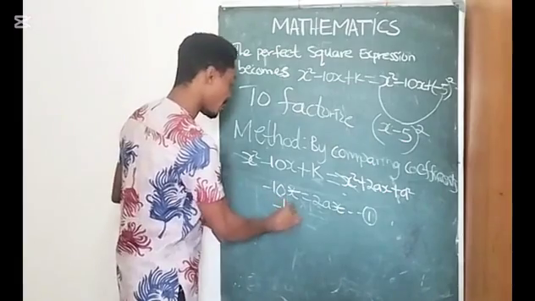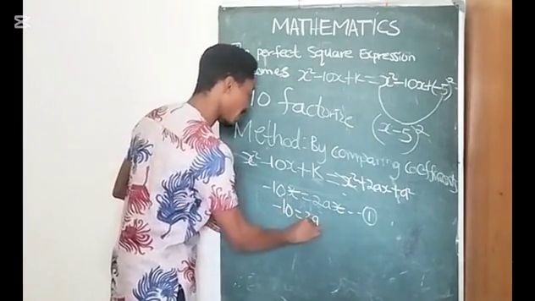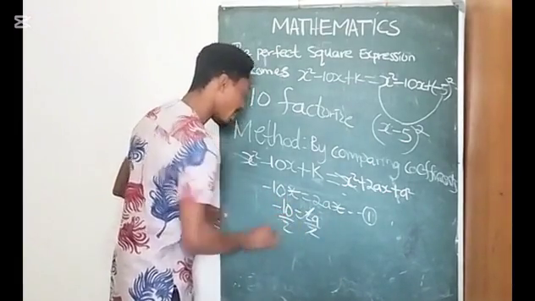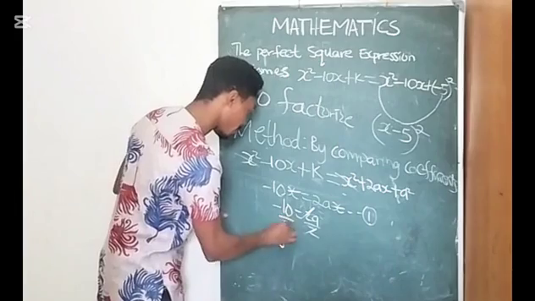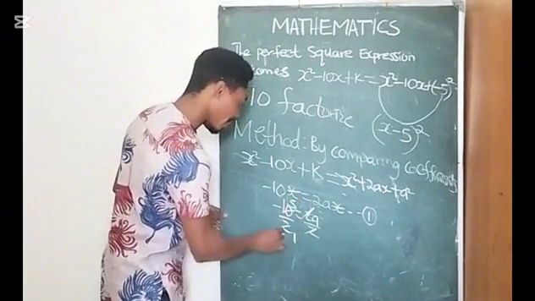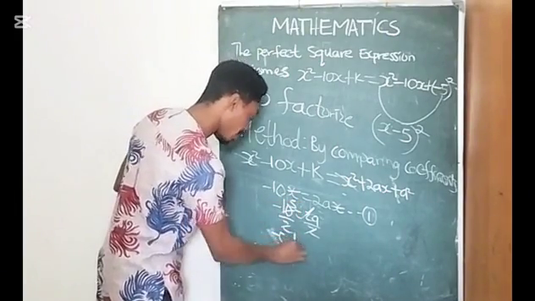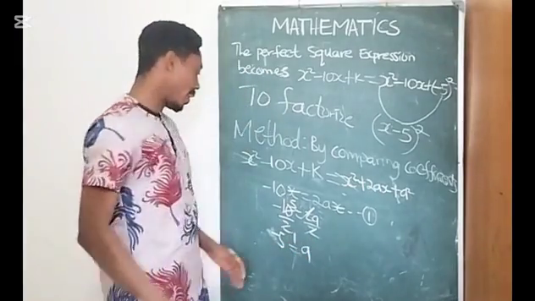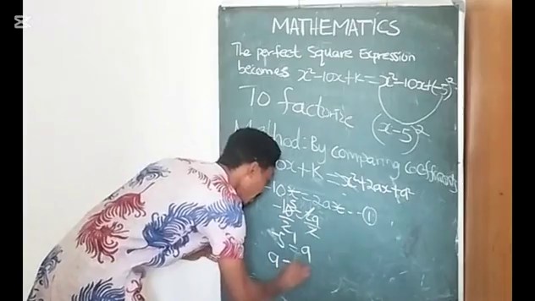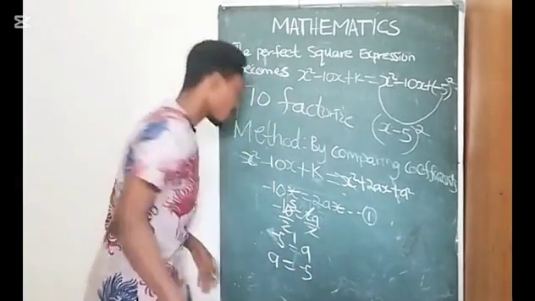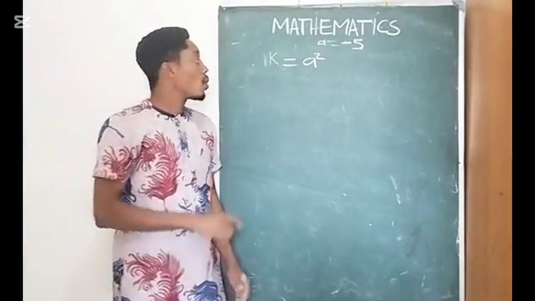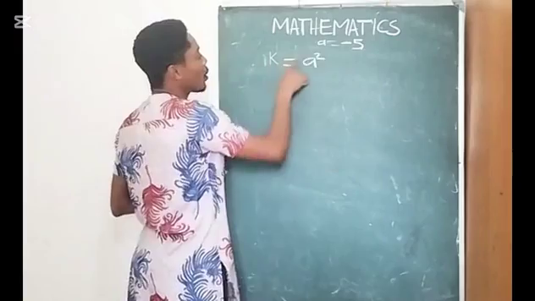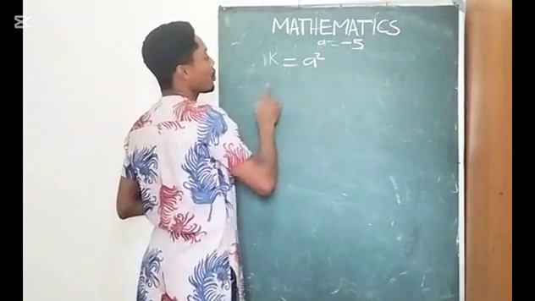So we have left minus 10 is equal to 2a. So to find a, I'll divide both sides by 2. So minus 5 is equal to a. Or you can say that a is equal to minus 5.